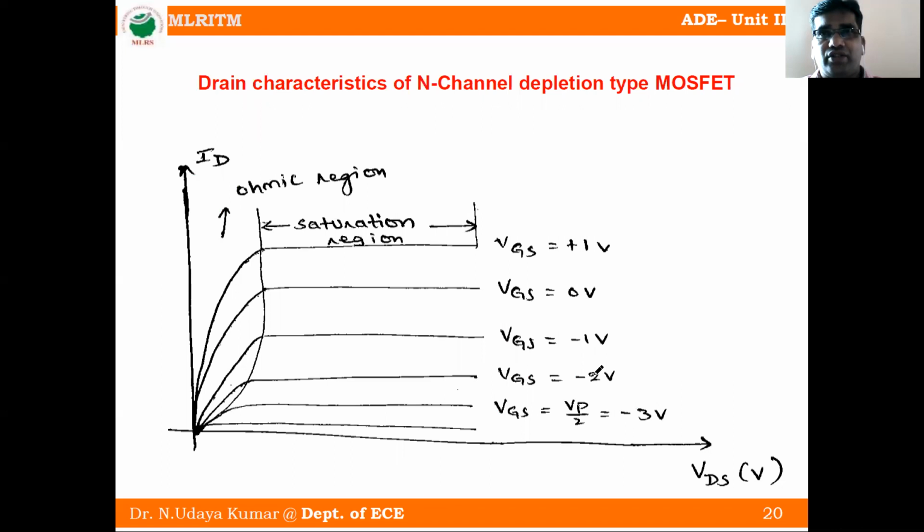First we apply VGS equal to 0, then we increase VGS to some fixed positive voltage. The induced negative charge in the semiconductor increases, hence the conductivity increases and current flows from source to drain through the induced channel.